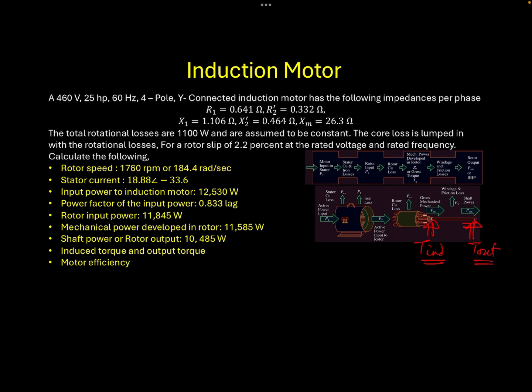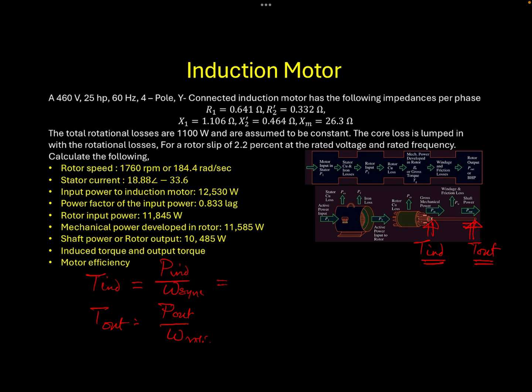The torque induced is power induced upon omega, and the torque output is power output upon omega. Here omega is the synchronous omega, and this is the rotor omega for us.